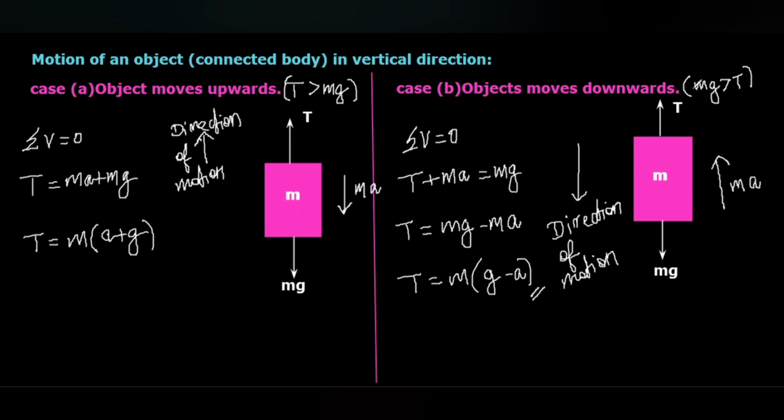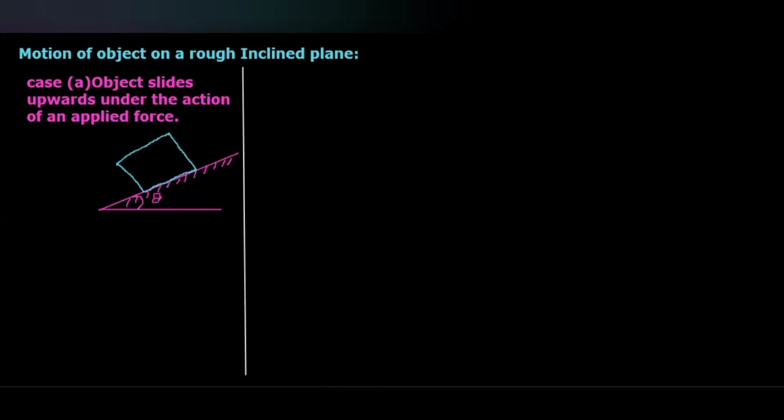The last topic: motion of an object on a rough inclined plane. Here, three cases we are going to discuss. Case A: the object slides upwards under the action of an applied force. Here, an object is lying on a rough inclined plane.